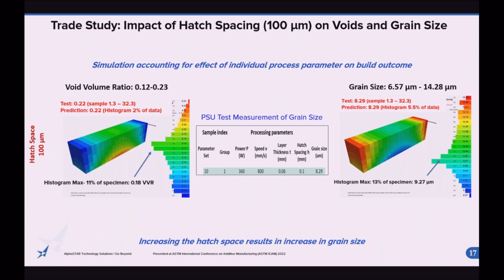Again, there we're looking specifically at the effect of hatch spacing on the grain size assessment. On the left-hand side, you have the void volume ratio in comparison to test, and on the right side, the grain size as experienced and tested.